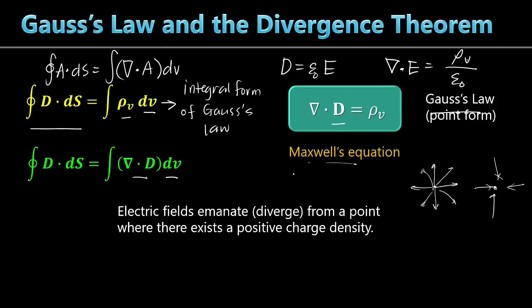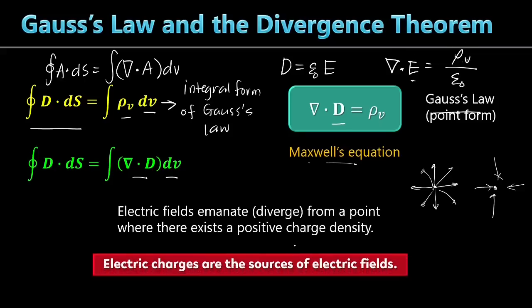So ano pa ang gustong sabihin sa atin ng Gauss's law? No, particularly itong equation na ito. Simple lang, no? 'Di ba itong electric field 'yan at itong rho v, 'yan ay charges, no? This is the charge and this is electric field. So that means, saan daw nanggagaling ang electric field? Ang electric field ay nanggagaling sa mga electric charges. Okay?